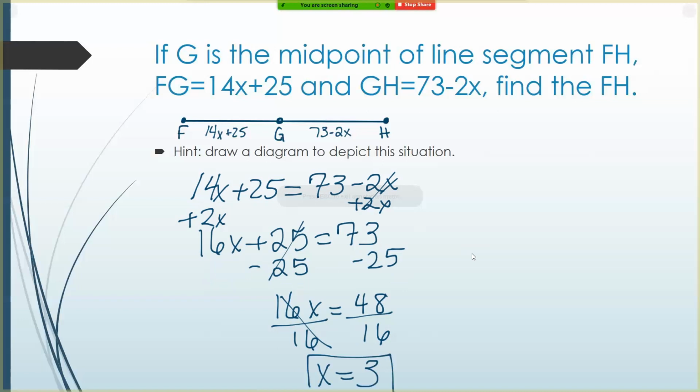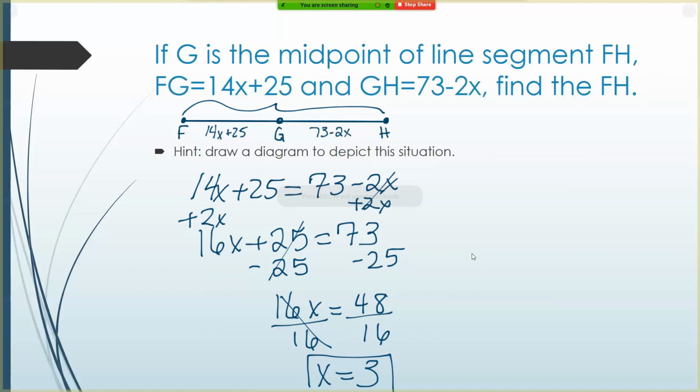Now this time the question didn't ask us to find x. The question asked us to find the length or the distance from F all the way to H. So there's at least 3 ways we can do it. You know that this piece plus this piece equals the entire length.